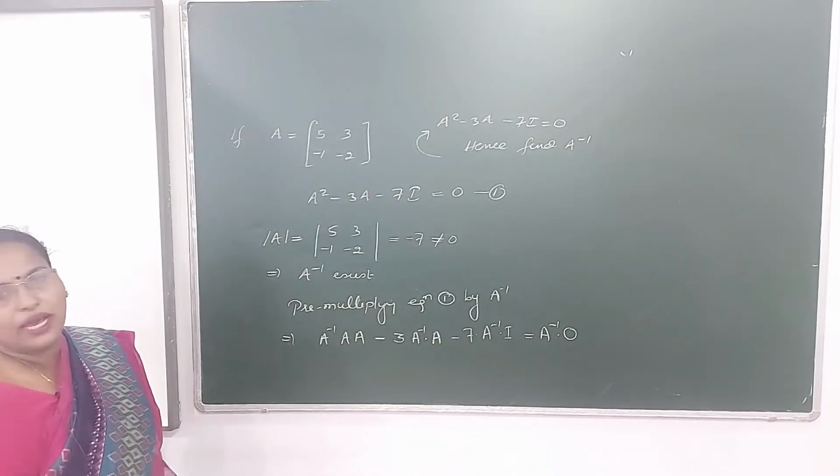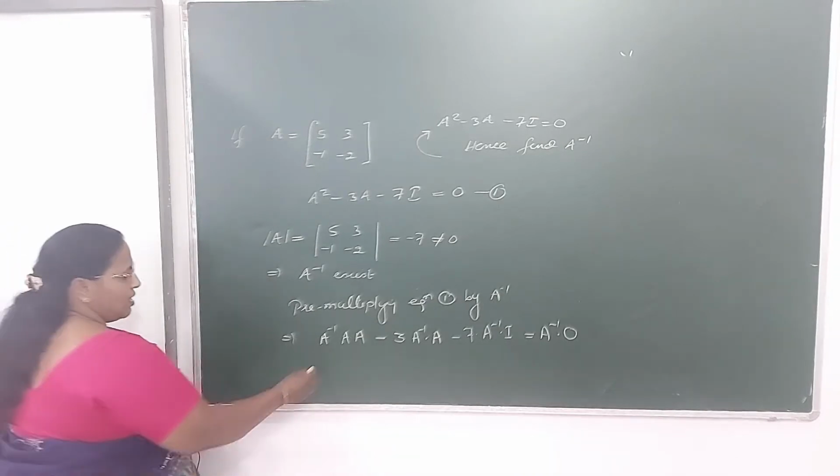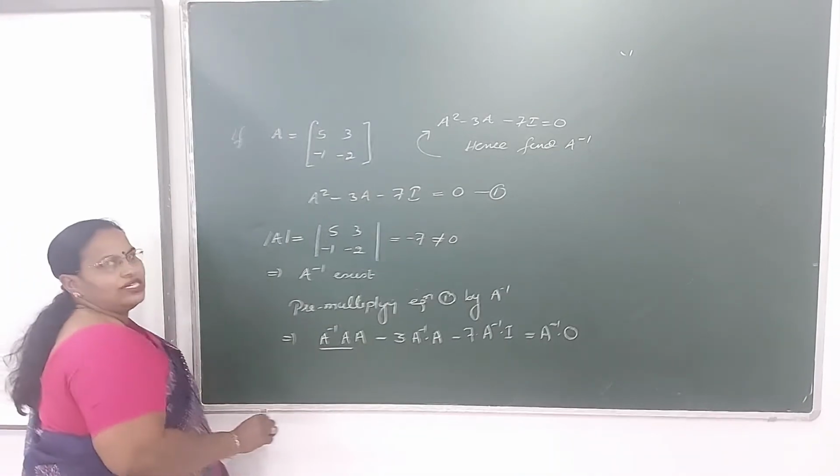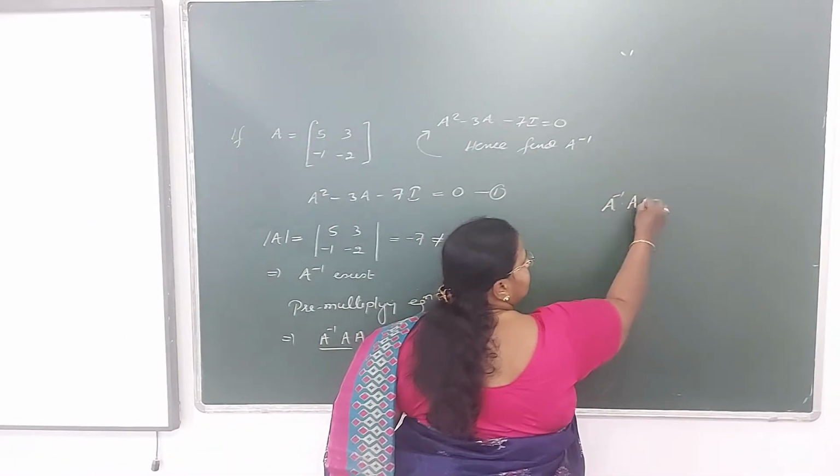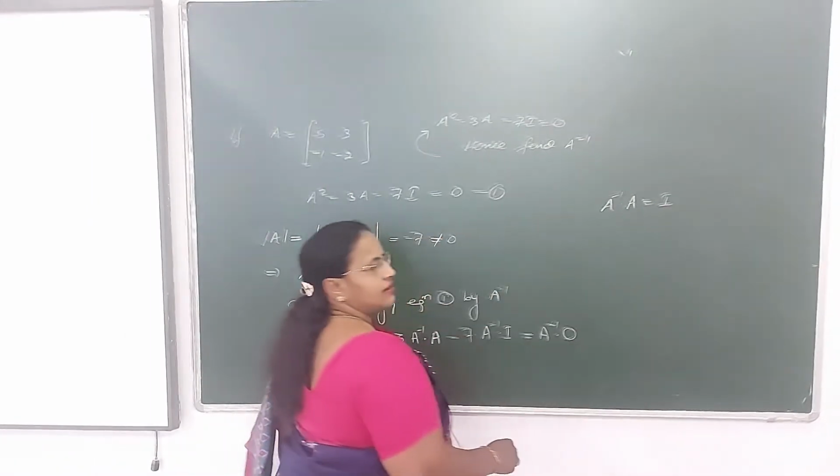Now here we'll be applying the concept: when a matrix is multiplied to its inverse, the result is identity.